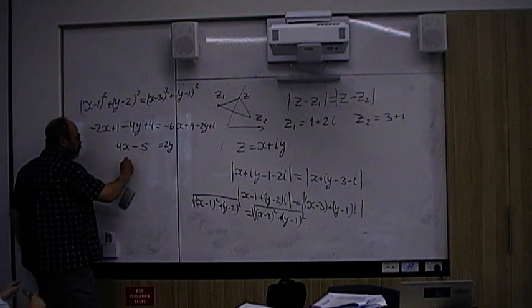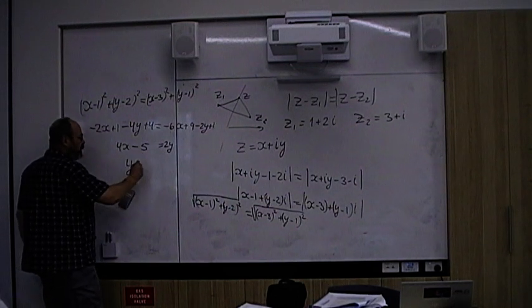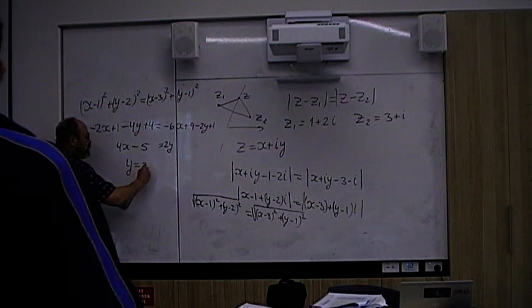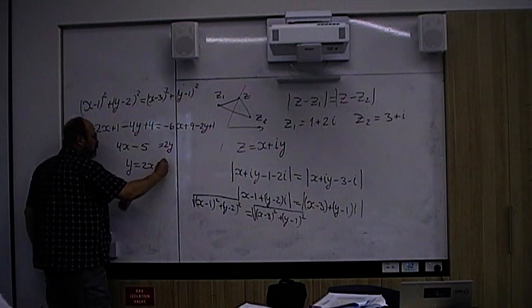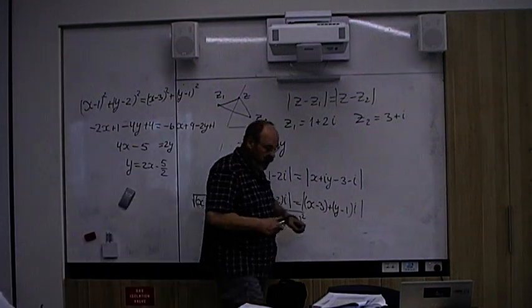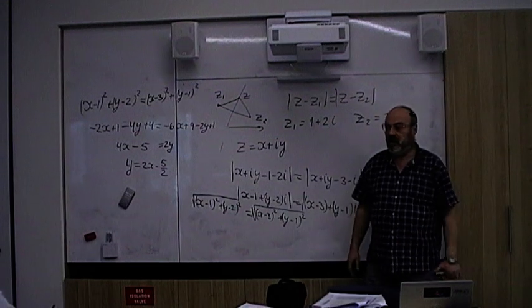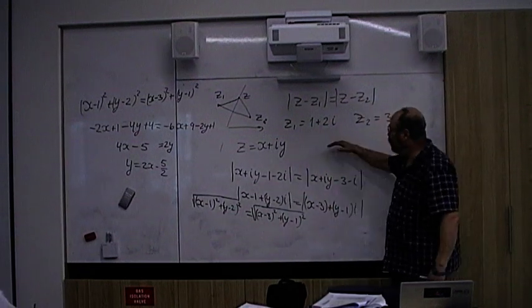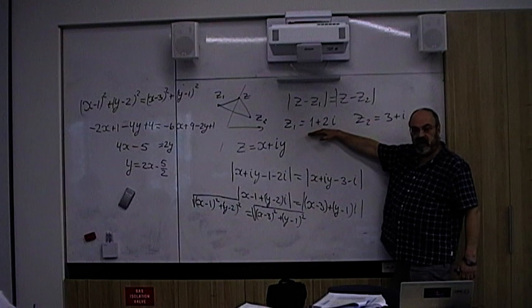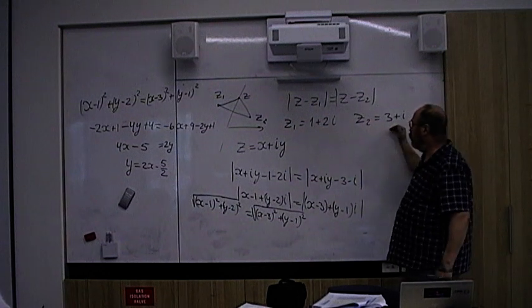Then divide by 2, and the equation of the perpendicular bisector will be y equals 2x minus 5 over 2. As we expected, we achieved the Cartesian equation of a straight line. And this straight line is the perpendicular bisector between points 1 plus 2i and 3 plus i.